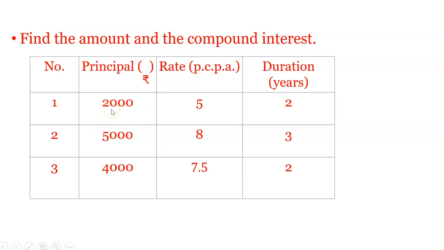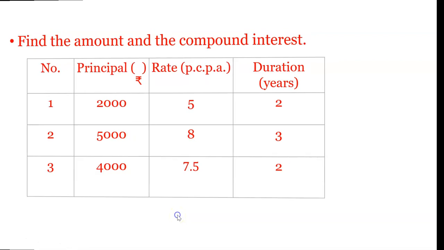In the first case, the principal is 2000, rate is 5, duration is 2. For the second example, 5000, rate is 8, and the duration is 3. And for the third example, principal is 4000, rate is 7.5, and the duration is 2 years.